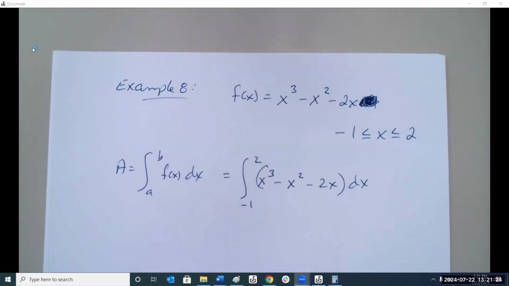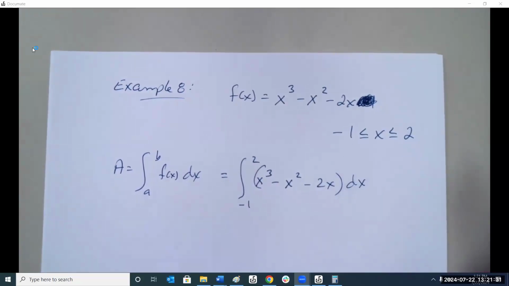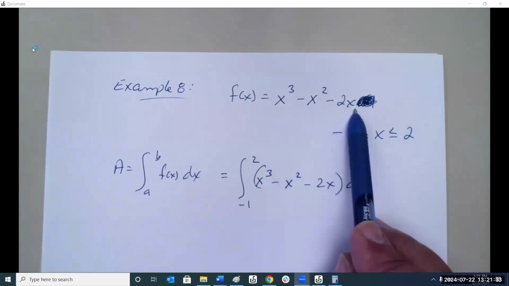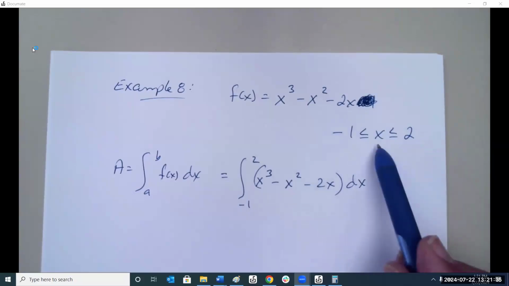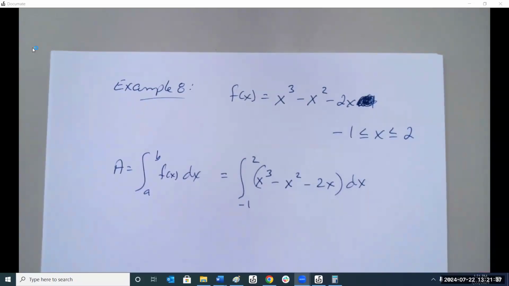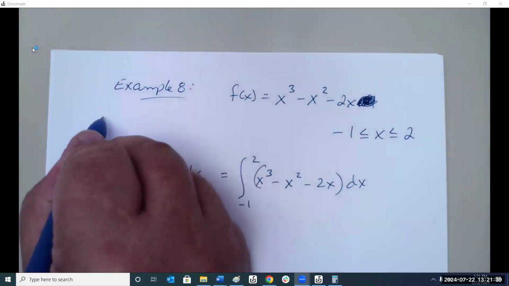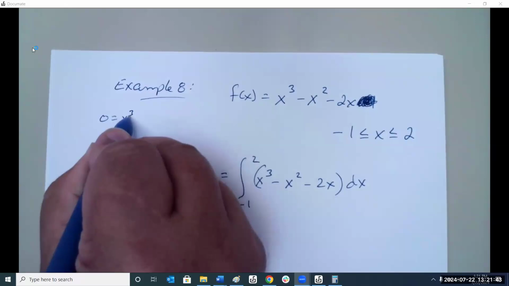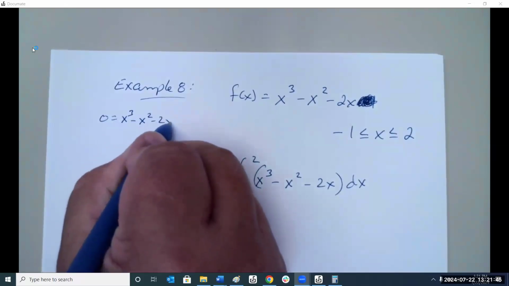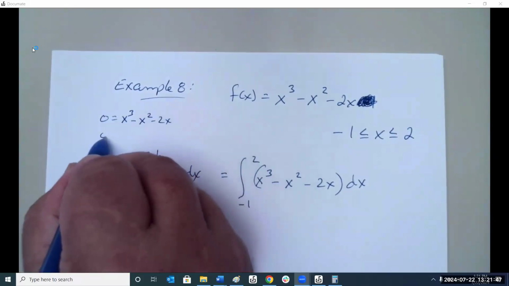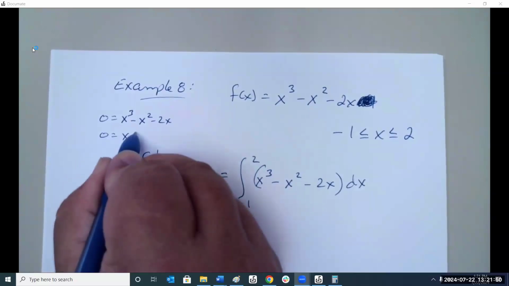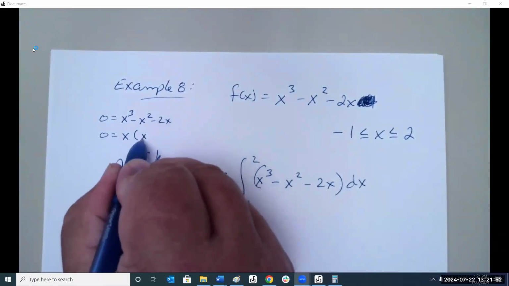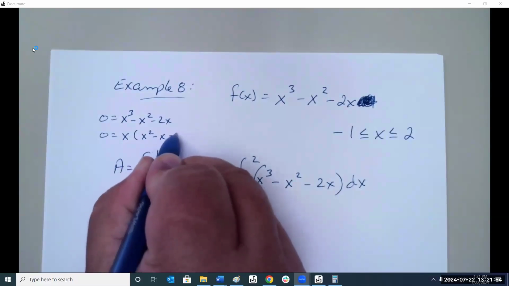To save us time, since going from -1 to 2, that's a very large stretch, let's see if there's any x-intercepts inside there. So let's set it equal to 0 first. X cubed minus x squared minus 2x. We can factor out an x. We have x squared minus x minus 2.